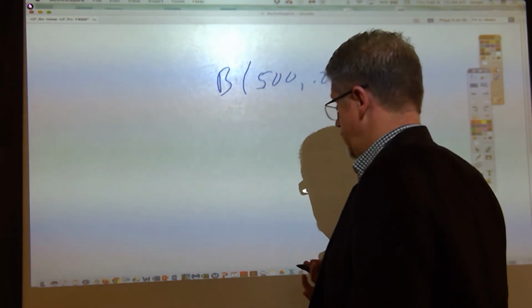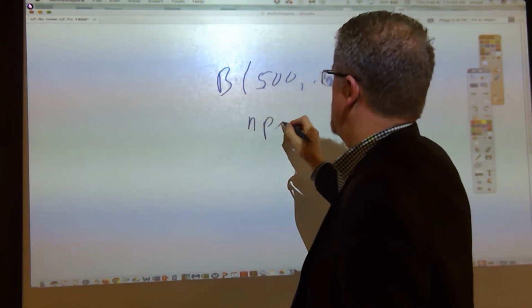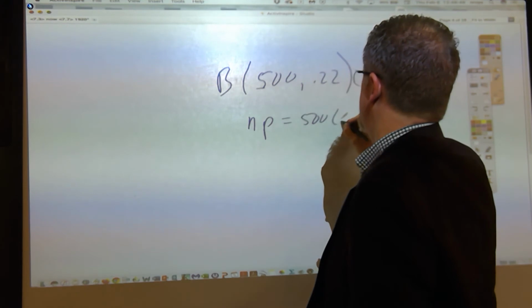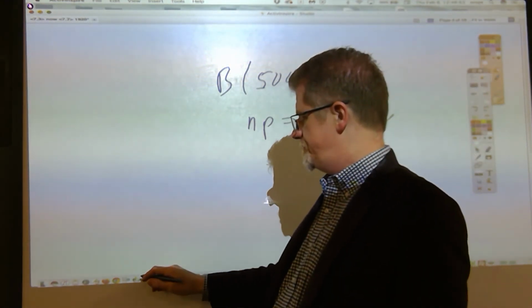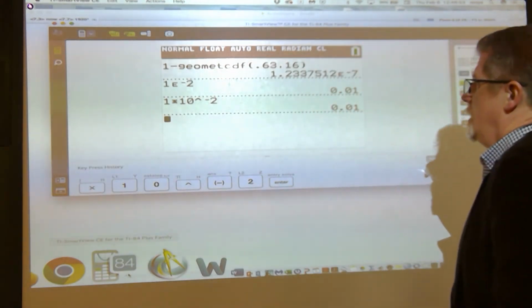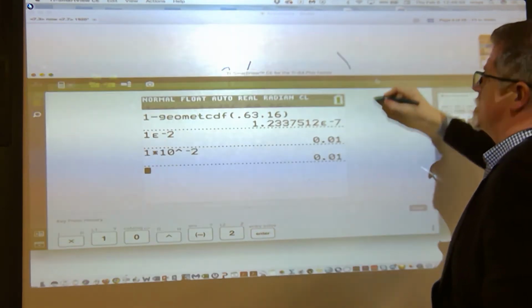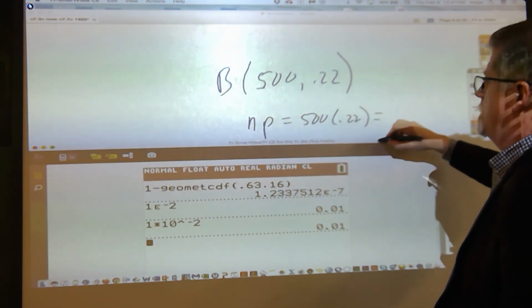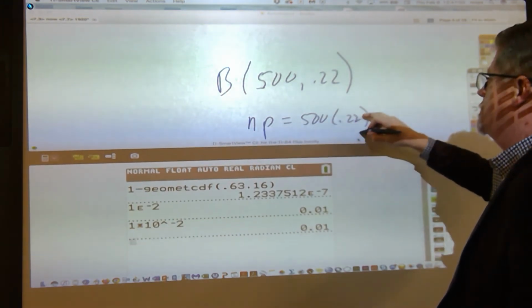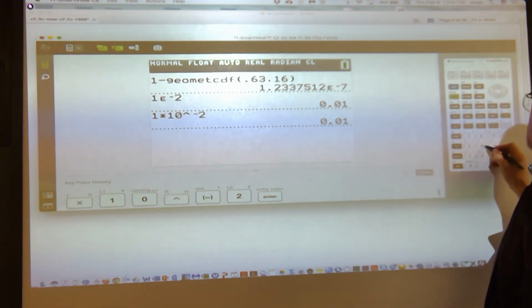Could I approximate that? Well, let's find out what np is. np is 500 times 0.22. Let's see if that's greater than 10. It's got to be, because 10% of 500 is 50, 20% is 100. So yeah, it's way more, but we have to show it.